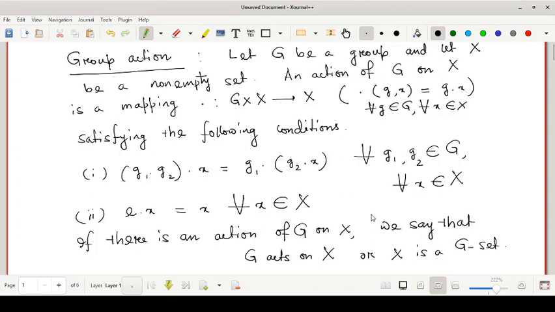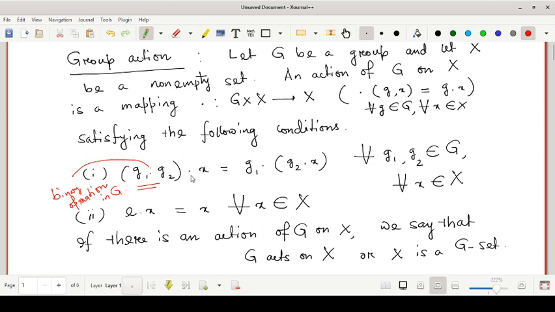take any two elements G1 and G2 from capital G and take their product. See, both these functions look like a dot, but they are different. They are not the same. Be careful. This G1 dot G2, this dot is simply the binary operation in G, the operation with respect to which G is a group.